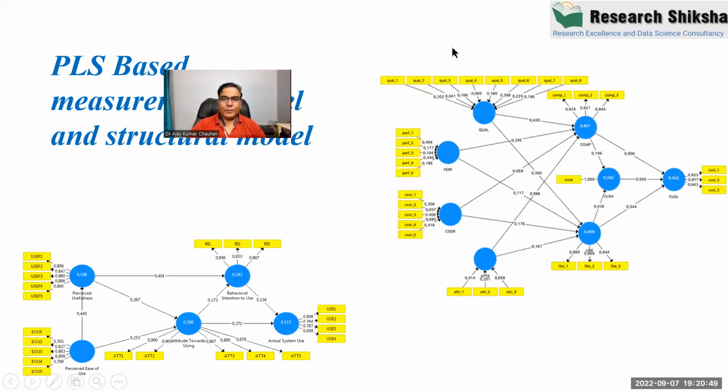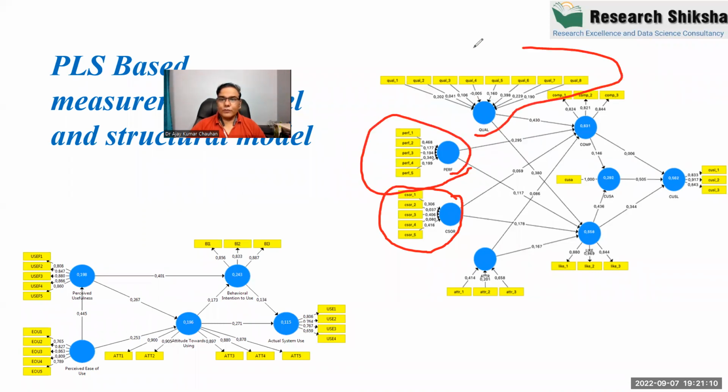But in PLS, if you check, this is a formative construct. Why? Because the direction of the arrow is from the item to the construct. So this is also a formative construct. This is also a formative construct. This is also a formative construct.